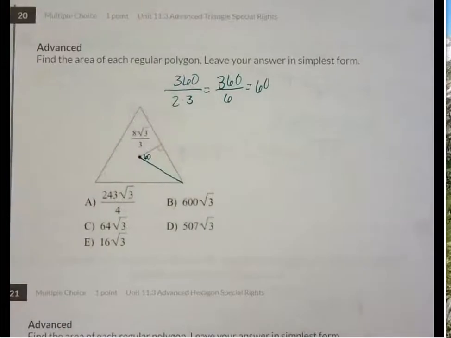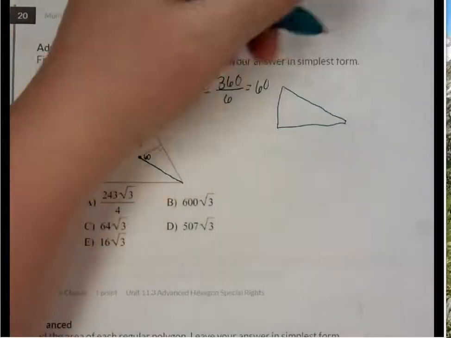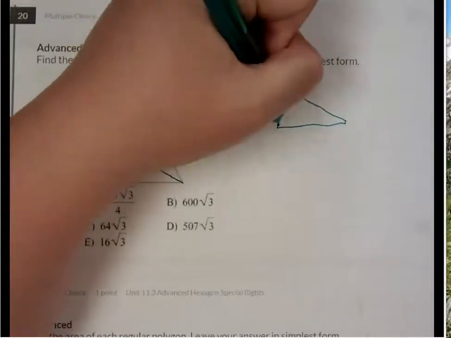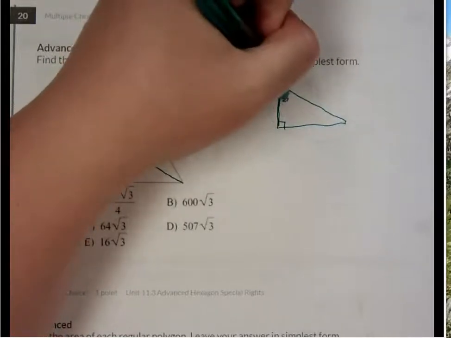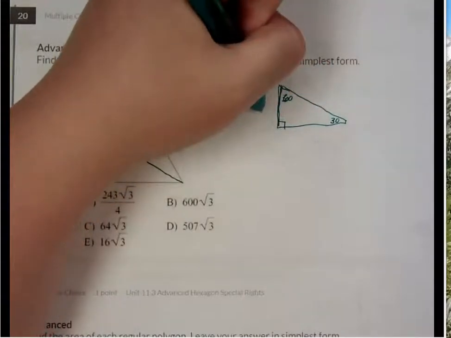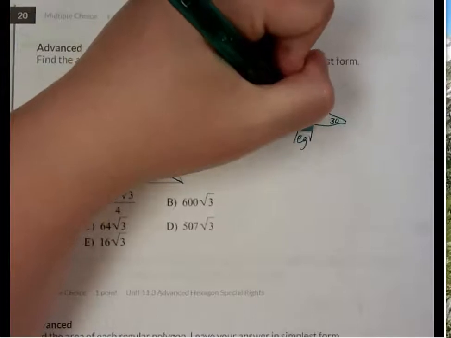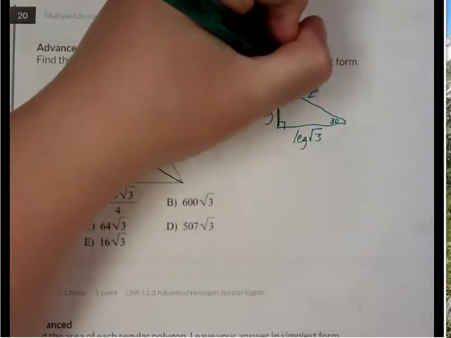So if you guys remember, this is going to be a problem that you use special right triangles on. So since we're using special right triangles, we need that formula. That's in our 11.3 notes. So this is a 30, 60, 90 triangle. So it's the leg, leg root 3, and 2 times the leg.